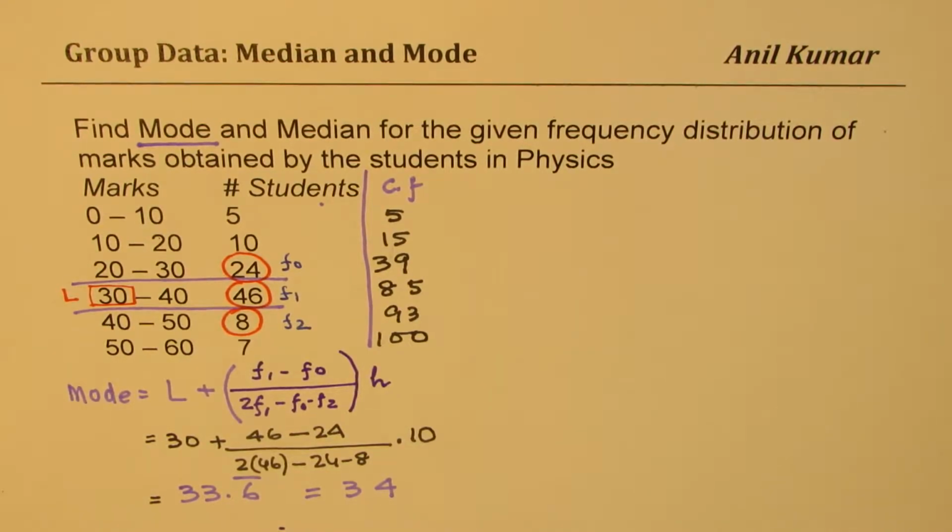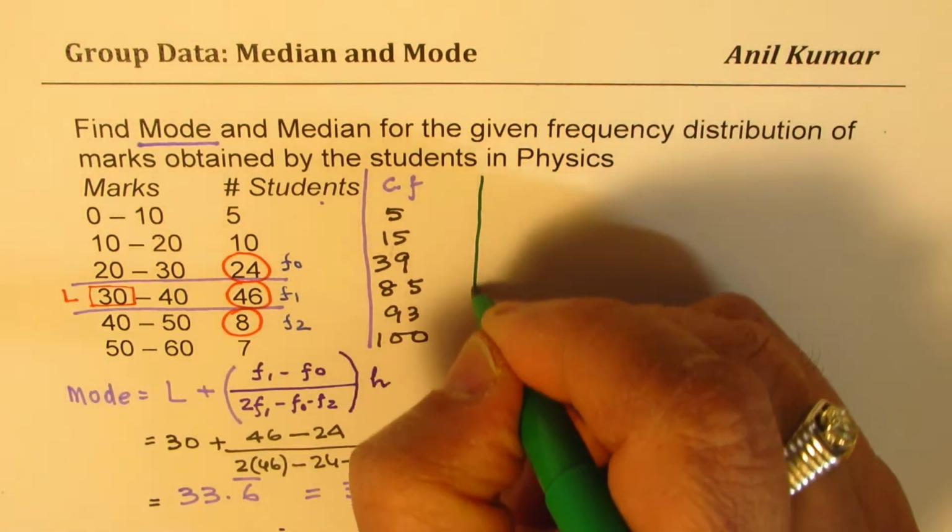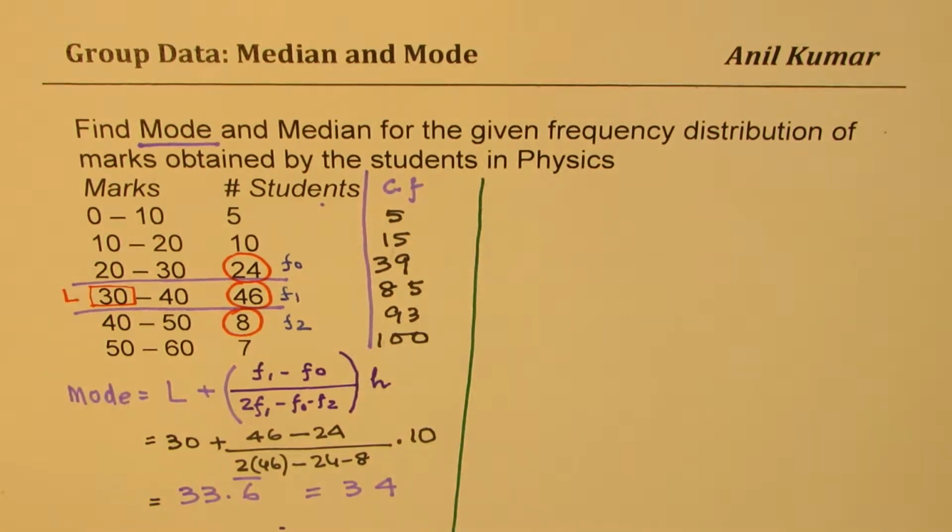Now let us see how to calculate the median. So median is the center value. We actually have with us 100 as the total number, so we can write here n as 100.